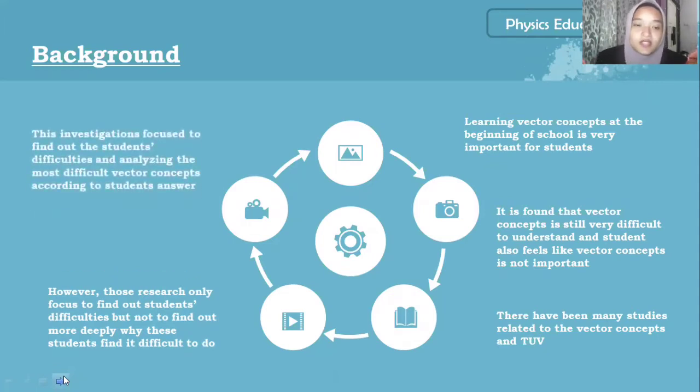So this investigation focused on finding out the students' difficulties and analyzing the most difficult vector concepts according to student answers, by interviewing several students to find out the reason for choosing each possible answer.